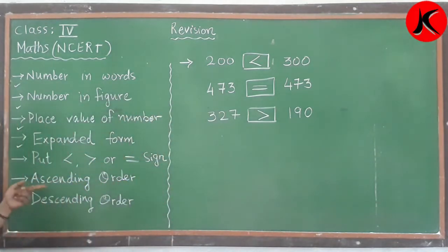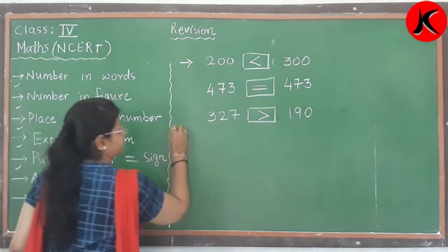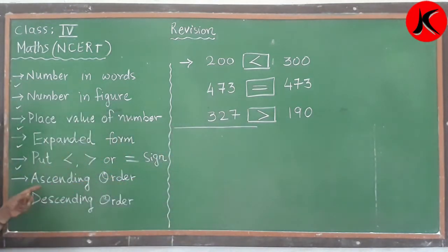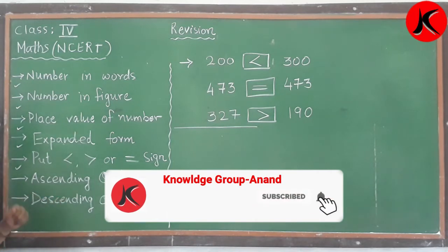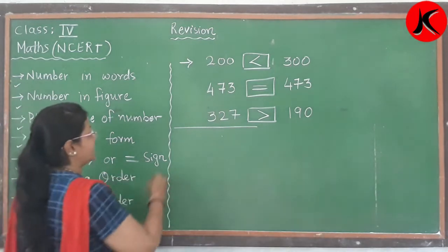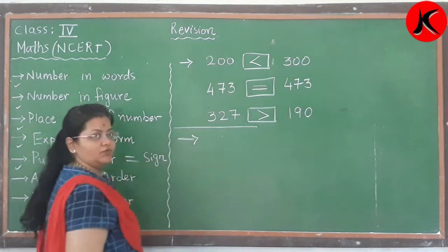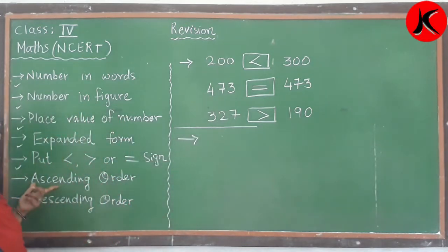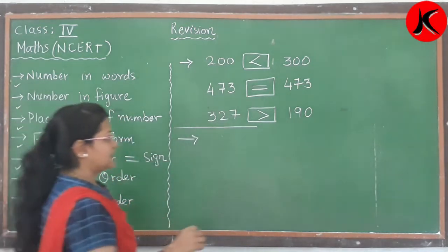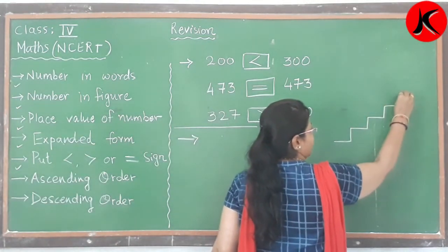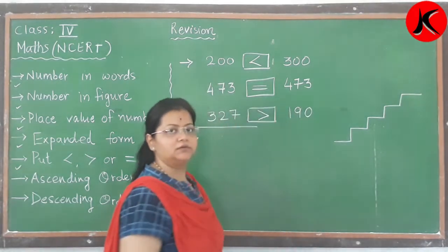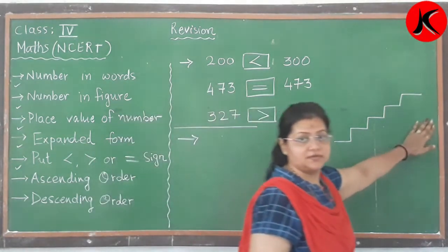Okay, now our next topic. This one is done. Next topic: ascending order. Here also you may be a little confused. Ascending order. Here I am giving one more example. What is the meaning of ascending? If I draw some steps, it is stairs.